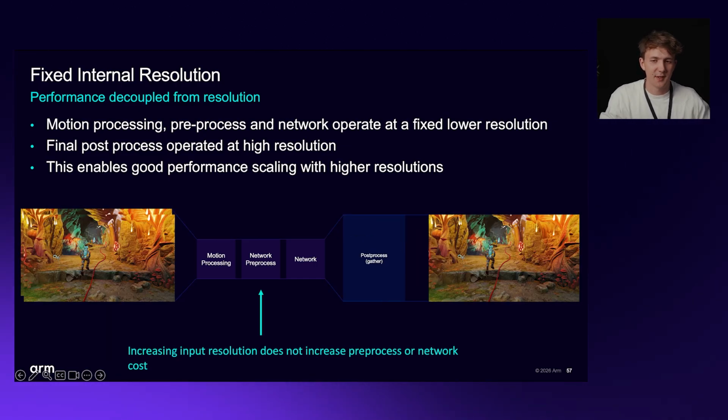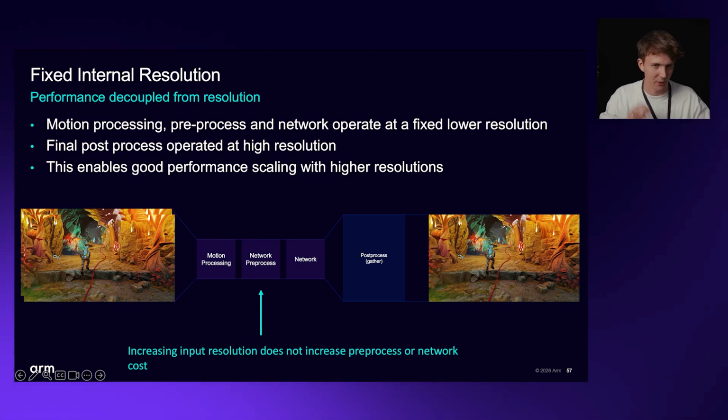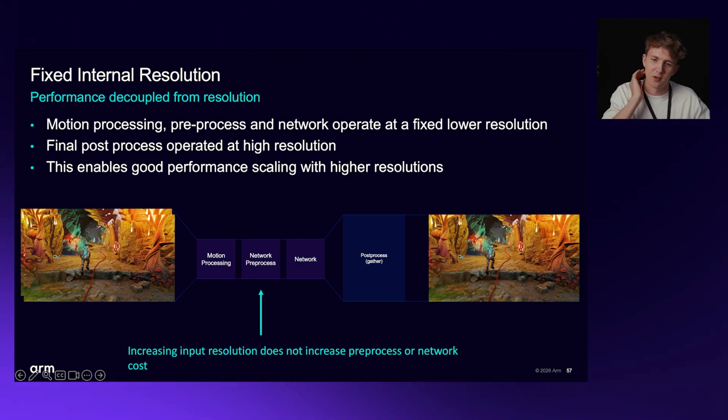So if we were to increase the input and therefore output resolution, the internal motion processing, network, etc. stages remain the same size, and you can see only the gather scales with the target resolution. And this means that we keep the more expensive pre-processing and network cost fixed across different display resolutions, and it means we can generally support quite high display resolutions without incurring a massive performance cost.